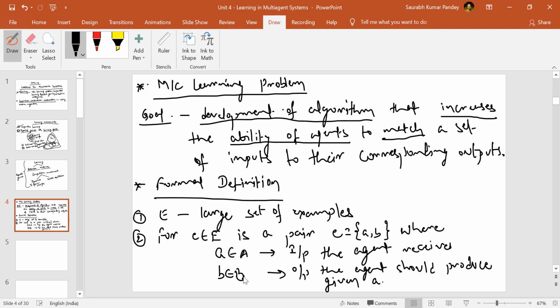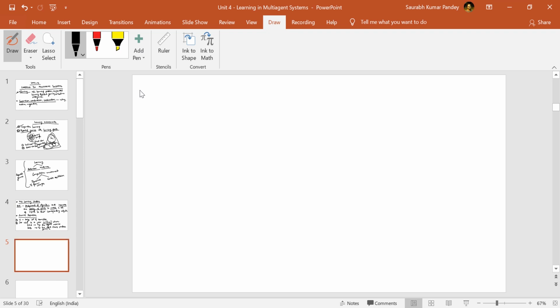And when we make it a pair (a, b), that is defined by the variable e, where e is an instance of the large set of examples, capital E. Fine. So let's understand it with our third step of defining the machine learning problem formally.